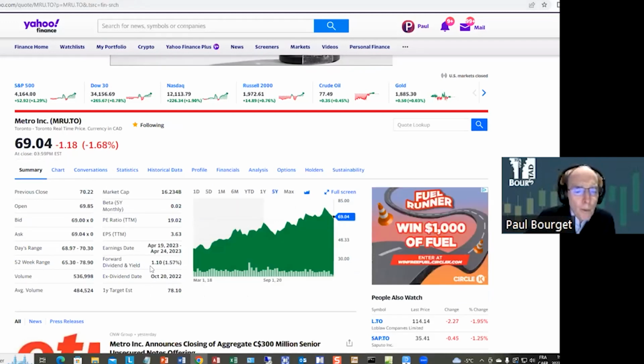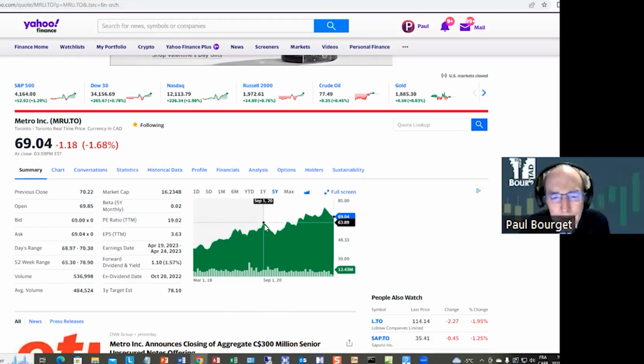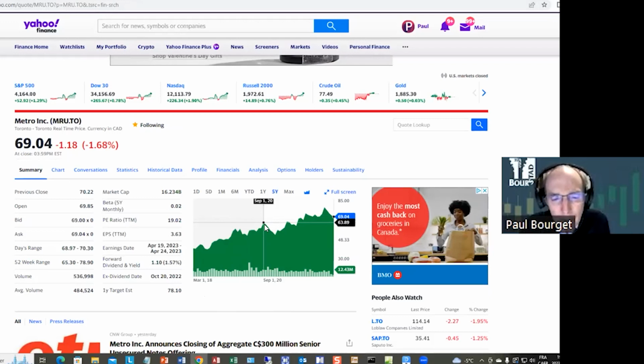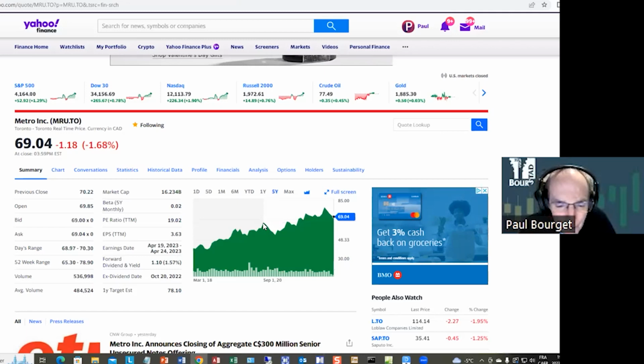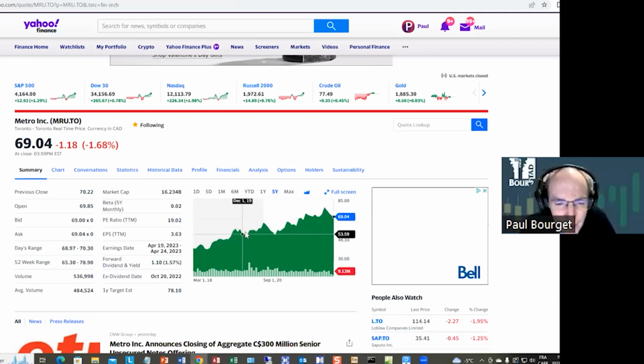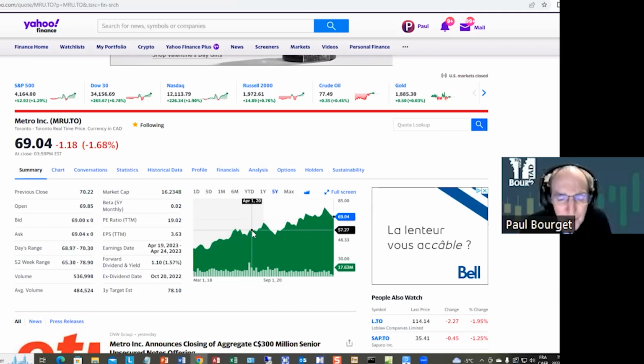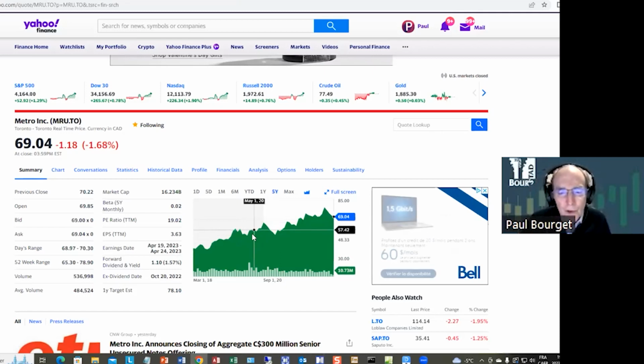So Metro, here we have Metro for 5 years. We know that, well, September 1, 2020, we were at 69. In fact, if we give a look at when we had the pandemic, well, almost no, the stock didn't fall, almost nothing.